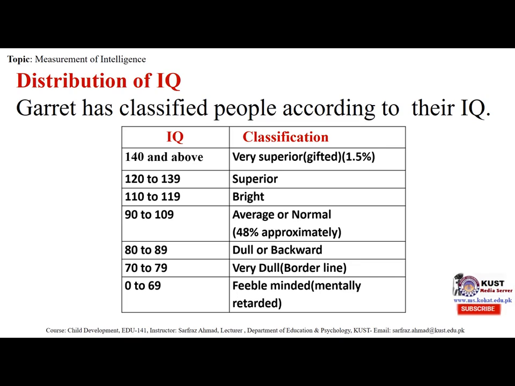If IQ remains between 80 to 89, that person is being called dull or backward. And if the person has IQ from 70 to 79, then he or she is very dull, and that is borderline. And if the IQ is from 0 to 69, it means that he is a feeble-minded, mentally retarded person.